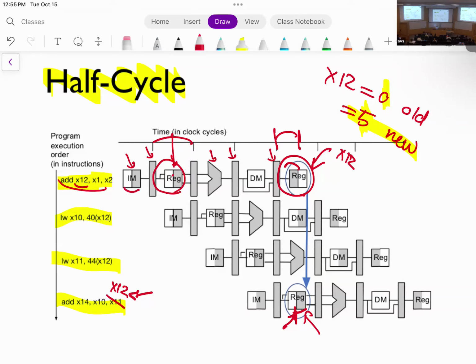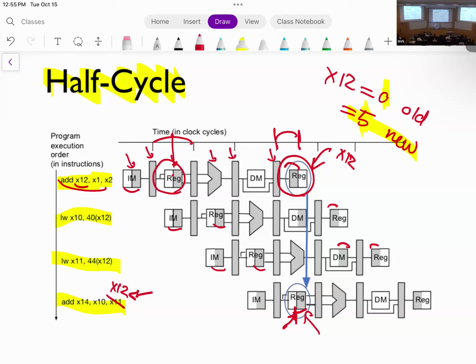As you can see, reads always happen in the second half cycle, okay? But writes to the register file happen in the first half cycle. Writes to the memory also happen in the second half cycle because there are some other complications for the memory that we need to fix. But generally, reads should happen.